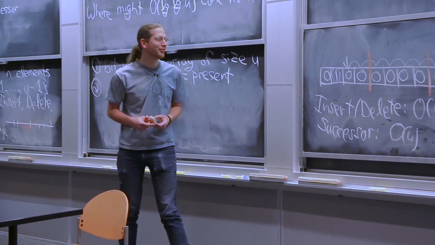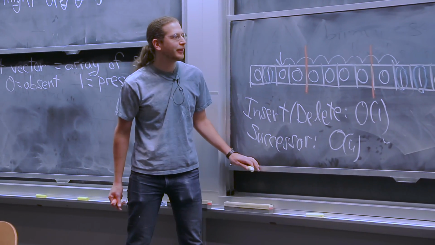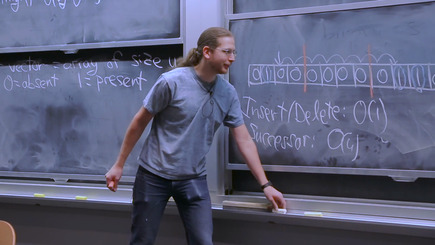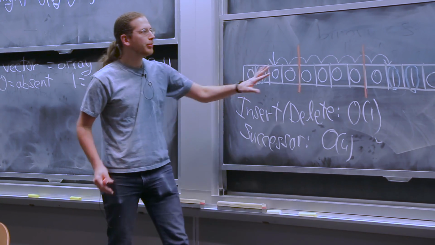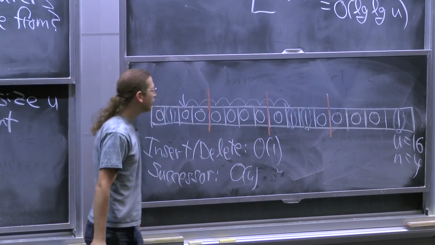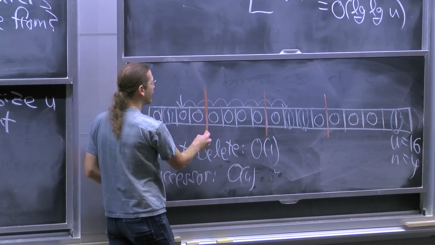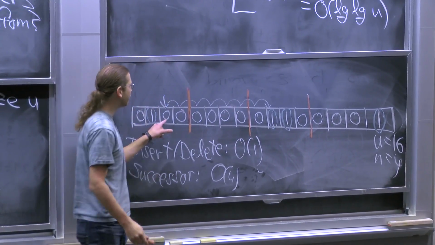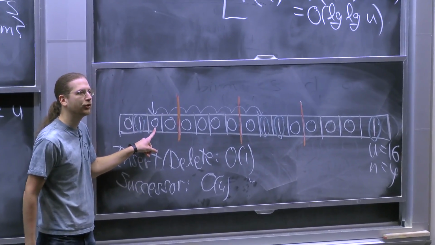I think that's a nice name for pieces of the universe. But the textbook calls it clusters because I used to call it clusters. So now it's a question of how big the cluster should be. But if I gave you this picture, and I want to think about these galaxies as separate chunks, and I ask for the successor of this, how could I possibly speed up the successor search?